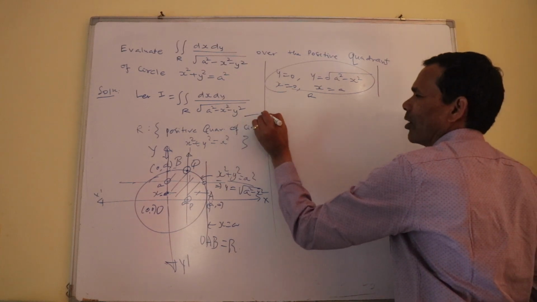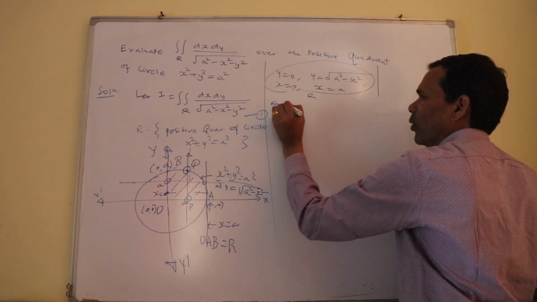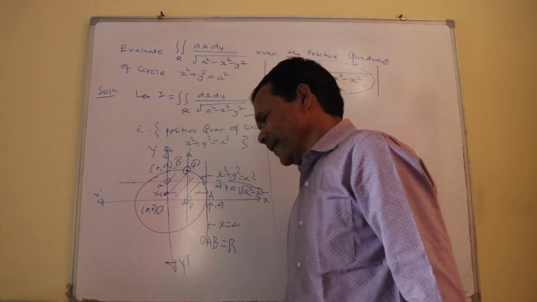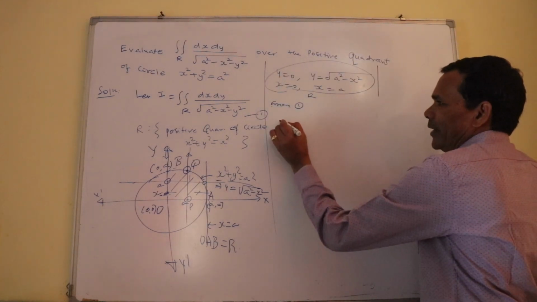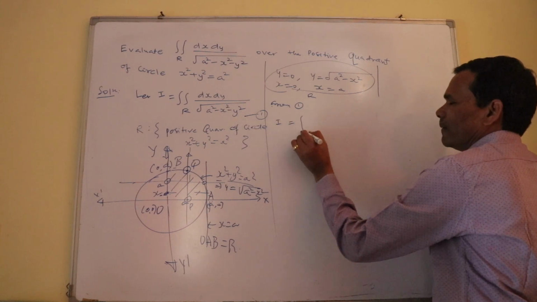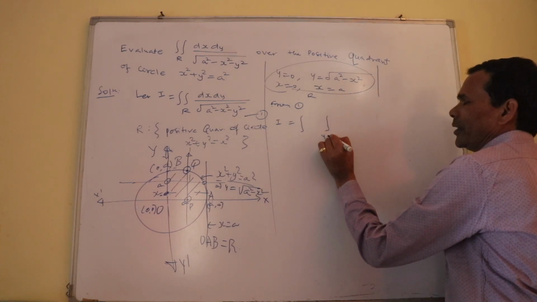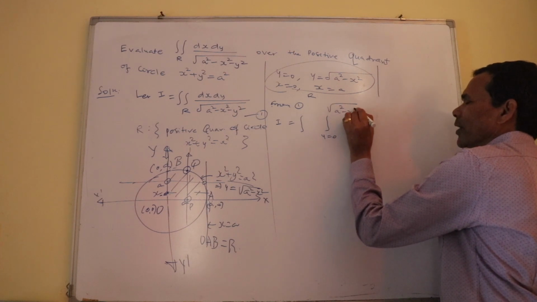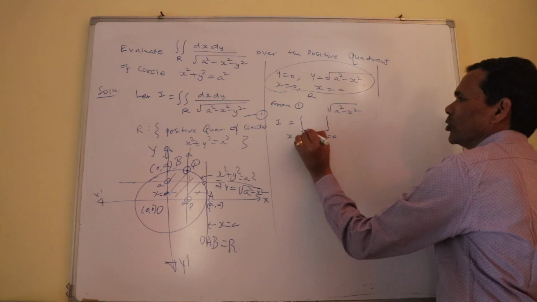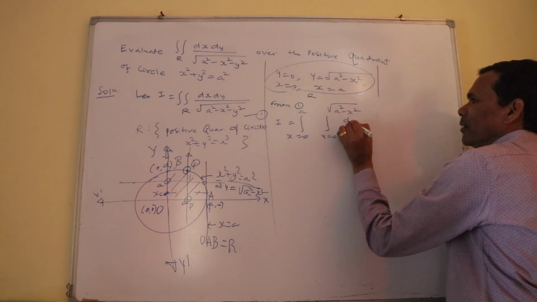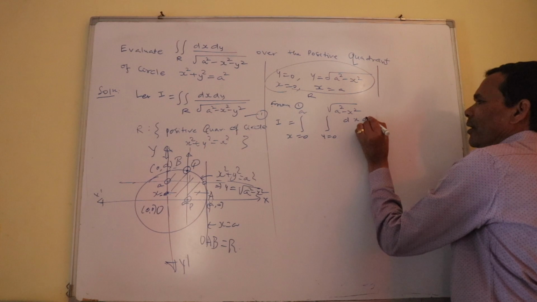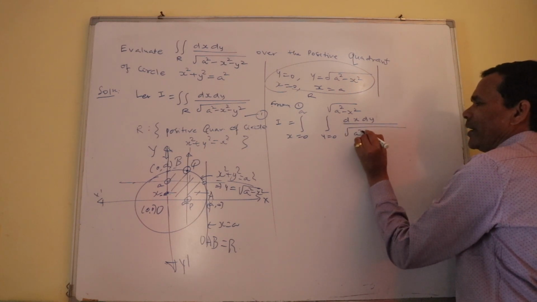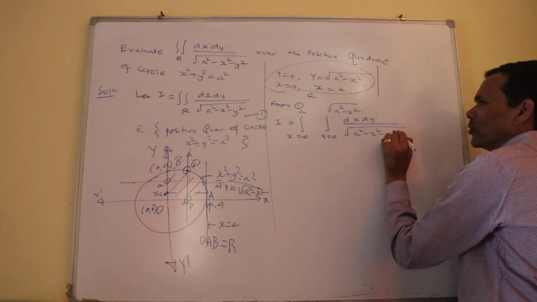Now from 1, I call this 1, I is equal to the integral, y is equal to 0 to root of a square minus x square, x is equal to 0 to a, dx dy divided by root of a square minus x square minus y square.